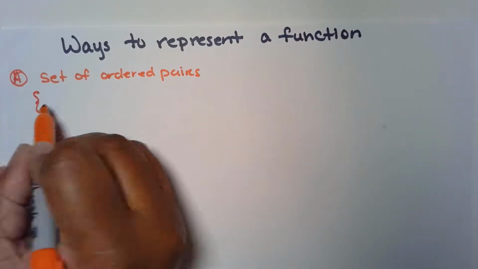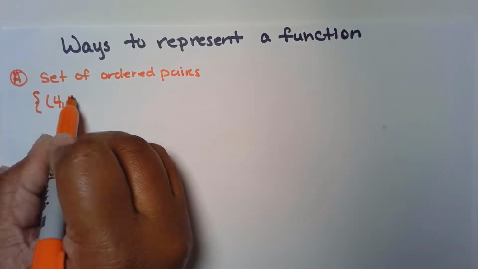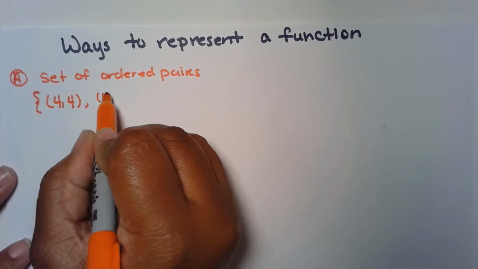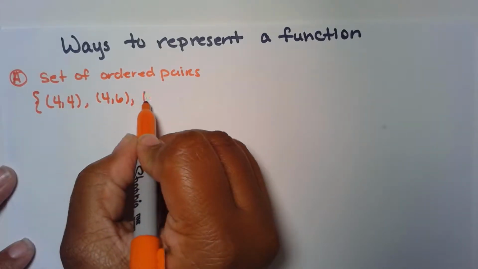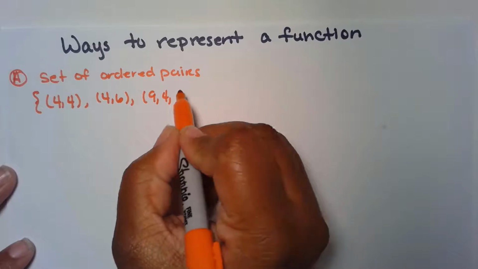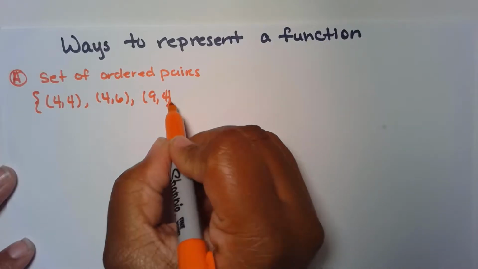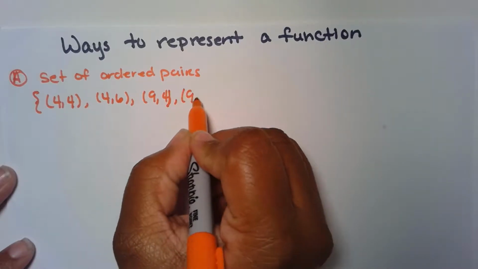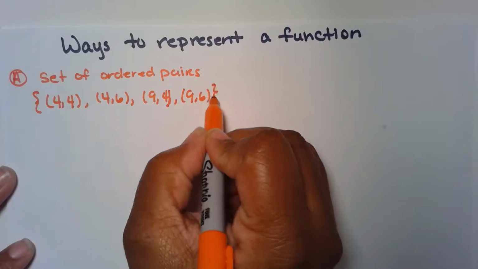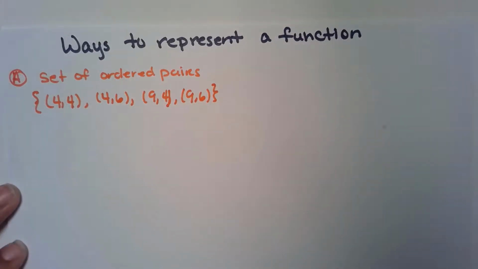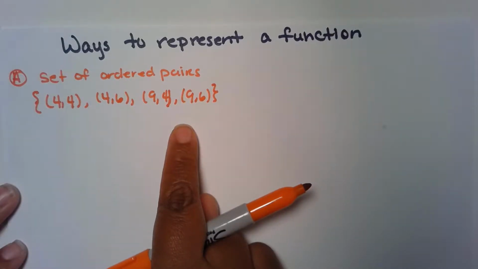For example, we have (4, 4), (4, 6), (9, 4), (9, 6). And from that, we can identify the domain and we can identify the range.